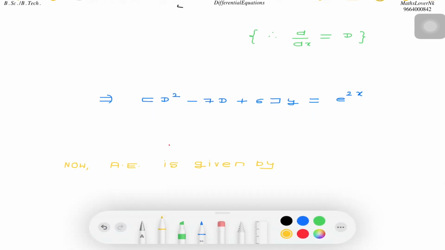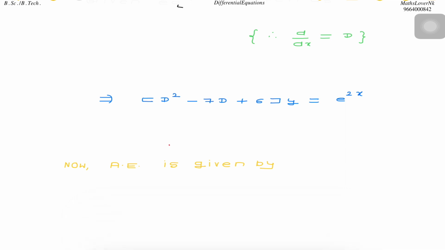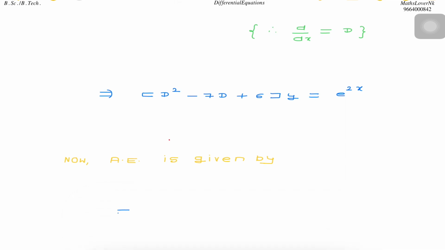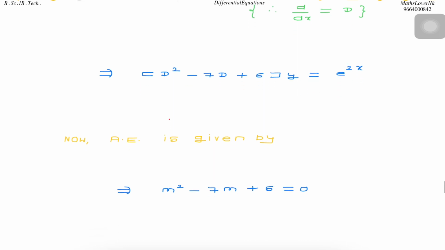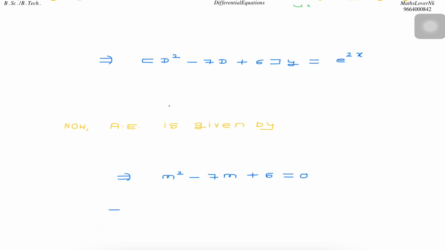When we put capital D is equal to m, we get m square minus 7m plus 6 is equal to 0. It becomes m square minus 6m minus m plus 6 is equal to 0.